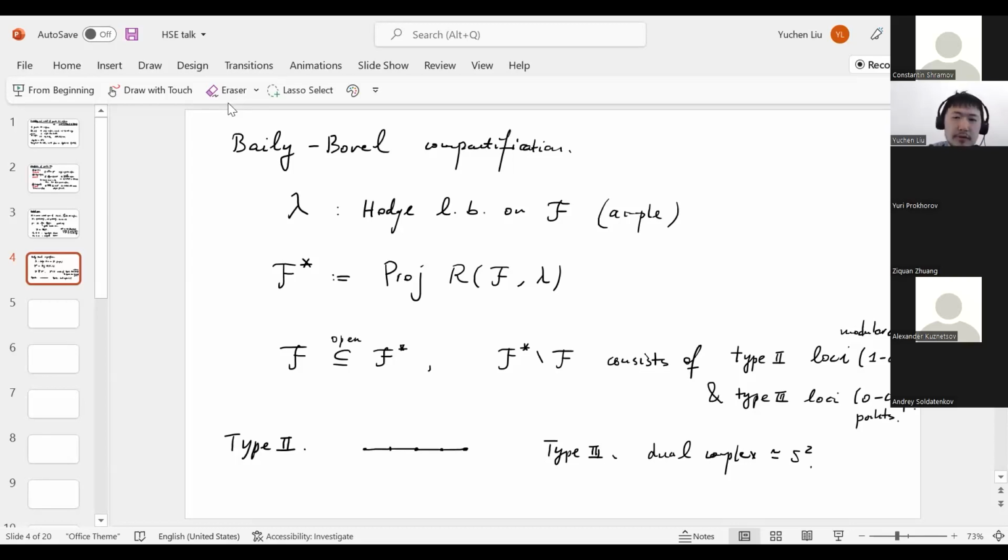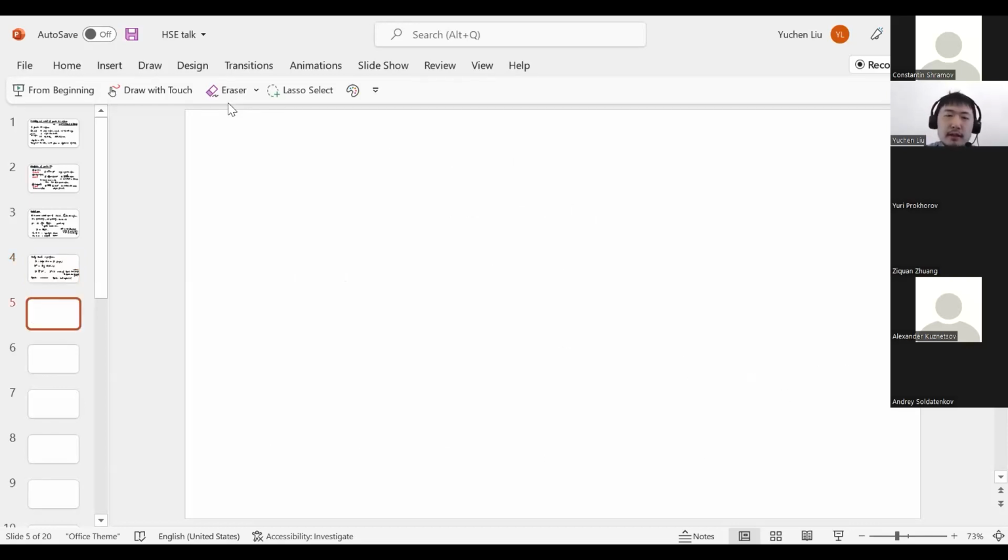Okay. Good. So then let's move on to the other aspect of moduli space. This is so-called classically known as GIT, geometric invariant theory.